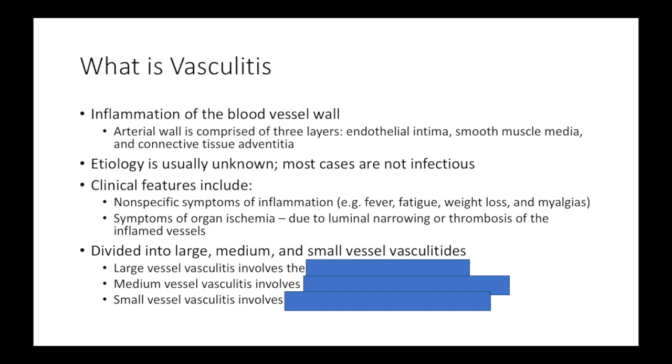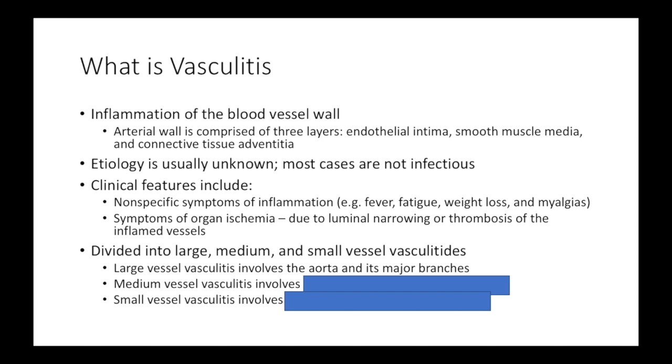Okay. So the vasculitides are divided into 3 categories: large, medium, and small vessels. Can anyone tell me what large vessel vasculitis involves? What vessels are involved here? Arterioles. Bigger. Carotid, aorta. So the aorta and its major branches like the carotid artery, yes.